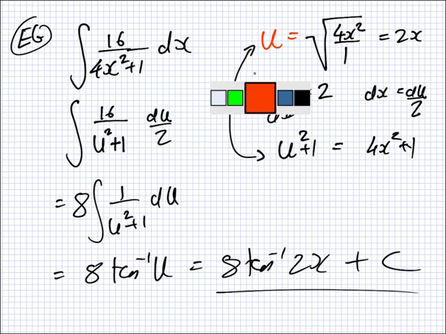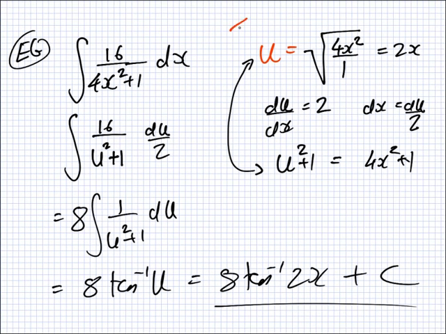So this is the trick. If it's 4x squared plus 2, we use the square root of 4x squared over 2.